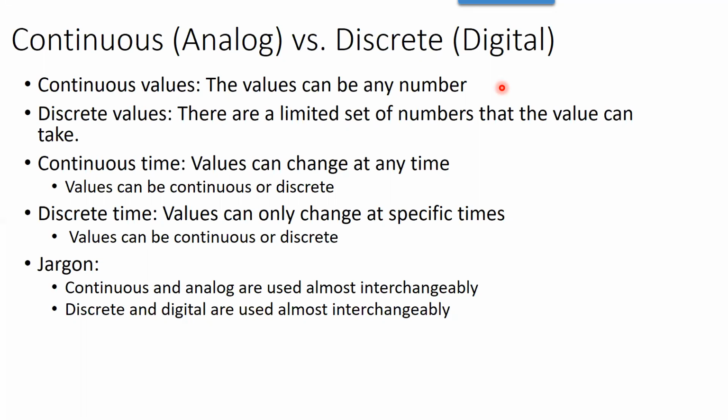But then there's something else that we consider, and it's called continuous time or discrete time, right? Continuous time is that the value can change at any time. Where in discrete time, there's some event or clock that captures a value, and so it can only change at certain times, right?